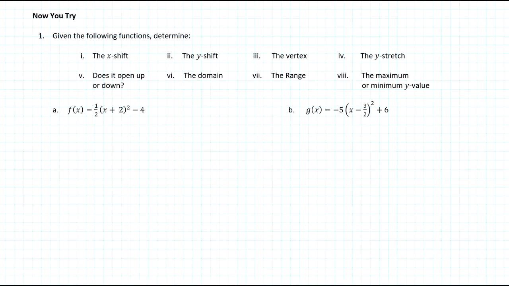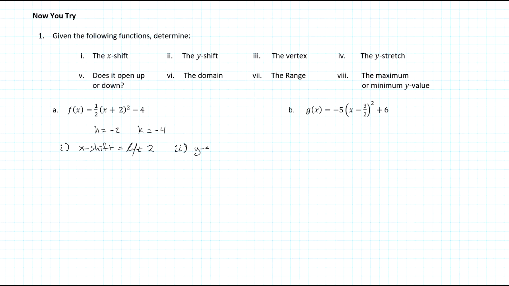So let's first note that h equals -2, the opposite sign of the plus 2 inside the parentheses, and k equals -4, the same sign as the k value that comes after the square. So we can start running through the questions here. The x shift is going to be left 2 units because that's just the h value.